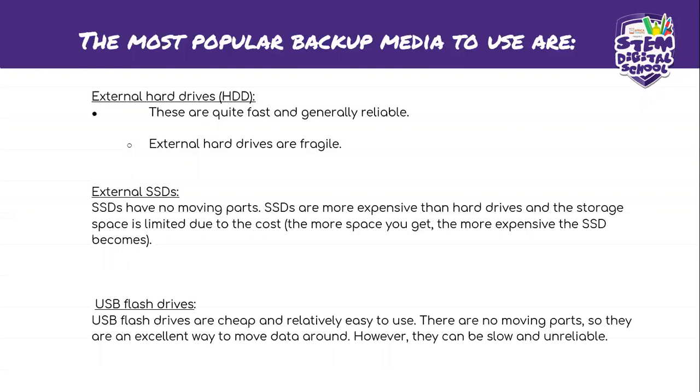If you save something on a USB flash drive, the computer can be damaged and you can lose the information or data that is in the computer. But if you have a duplicate on the USB flash drive, then you are safe. That is why it is the most popular backup media.